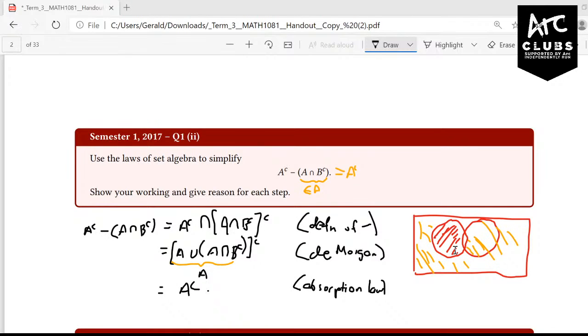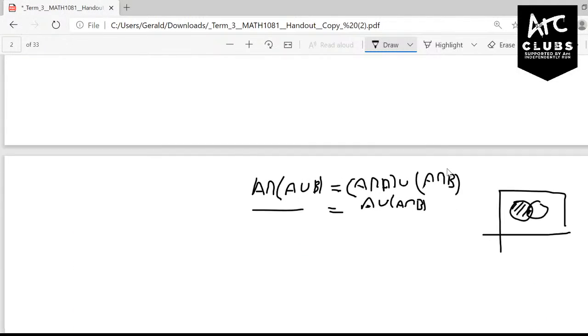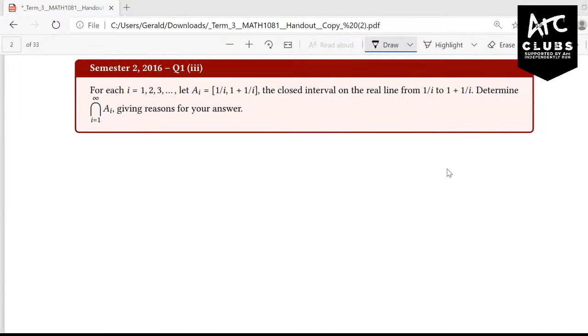But you should always use a picture or a Venn diagram to check that the solution you get in the end does make sense, or that you haven't done something wrong that gives you such a weird answer. Yeah. Cool. I will continue.